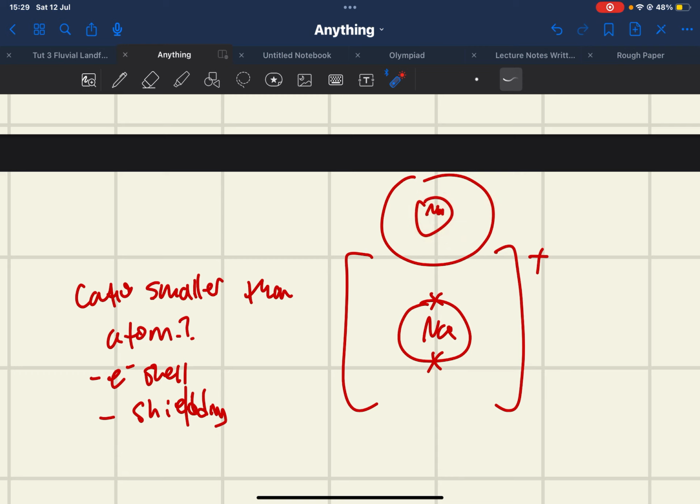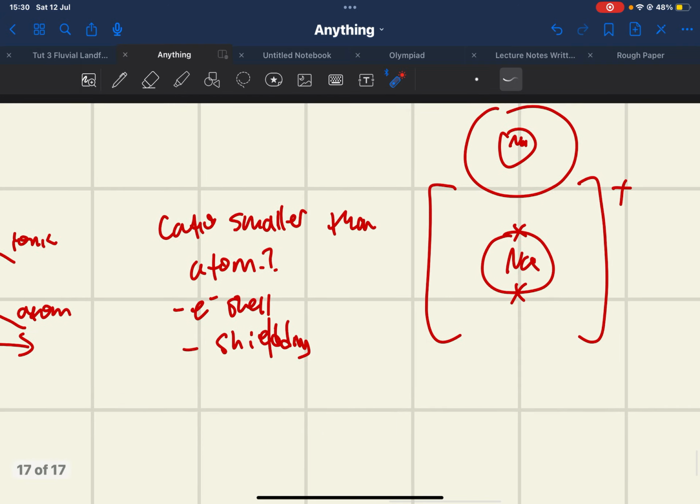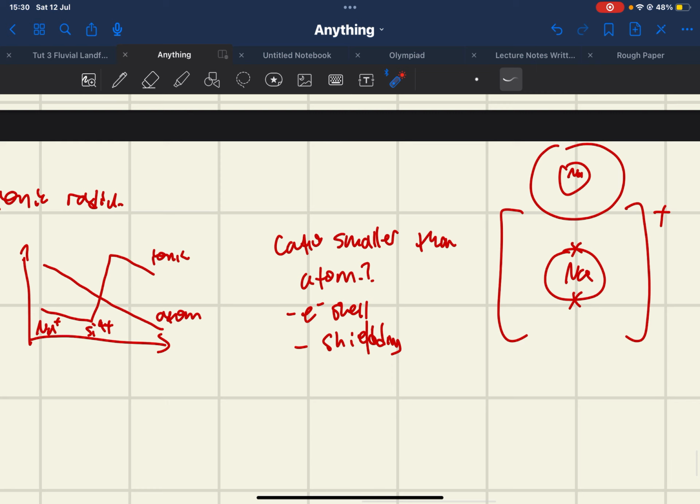Whereas sodium actually only has 1 valence electron, so the attraction from the nucleus is much stronger. There's no barrier, or fewer barriers, from the outermost to the inside. So this is the reason: one less electron shell and the shielding effect. That's why the cation is smaller than the atom.